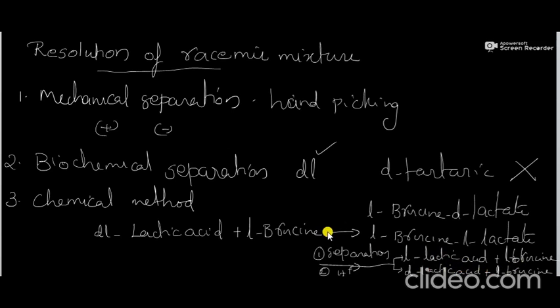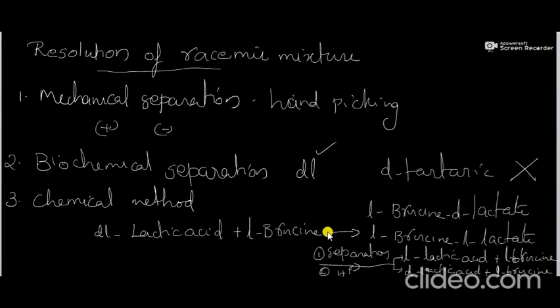That is the chemical method. This method can also be applied for the resolution of a DL base via its conversion into diastereomeric salts with a suitable optically active acid like DL-tartaric acid.